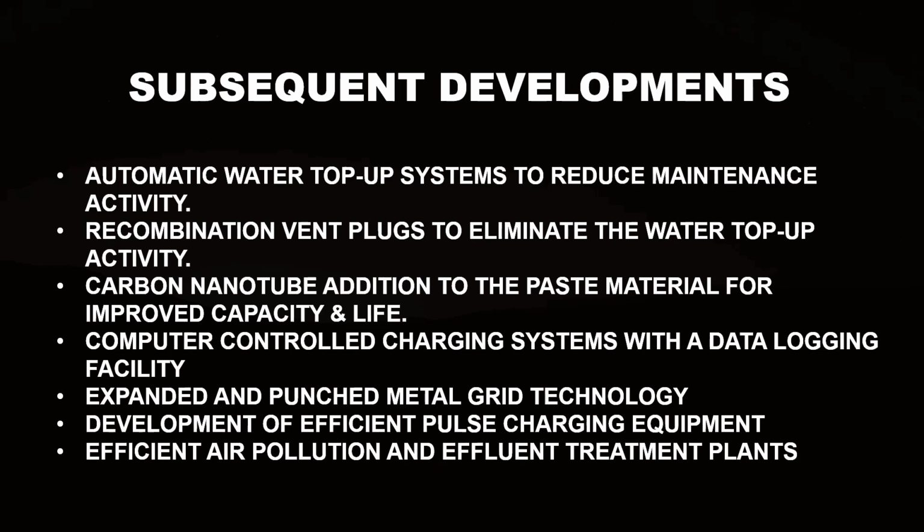Development of efficient pulse charging equipment was also undertaken to accelerate the charging process. Considering the tightening of environmental regulations worldwide, efficient air pollution and effluent treatment plants were also developed.